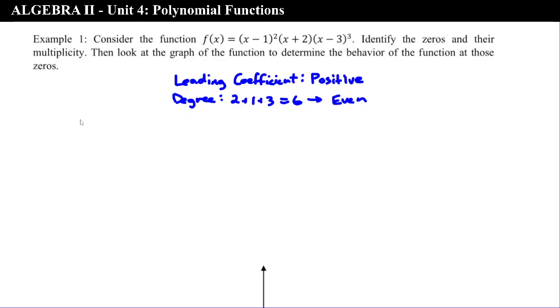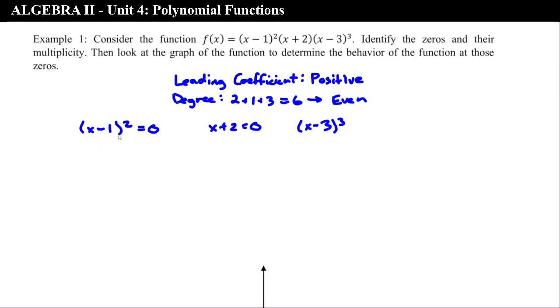Now let's get some information about the zeros. We can set each part of our factored equation equal to 0, just like we did in the first half of this unit back in section 2.